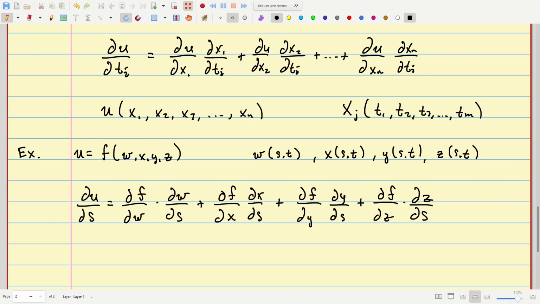Okay. And then if we did it with respect to t, it would look very similar, right? So it all works fine.